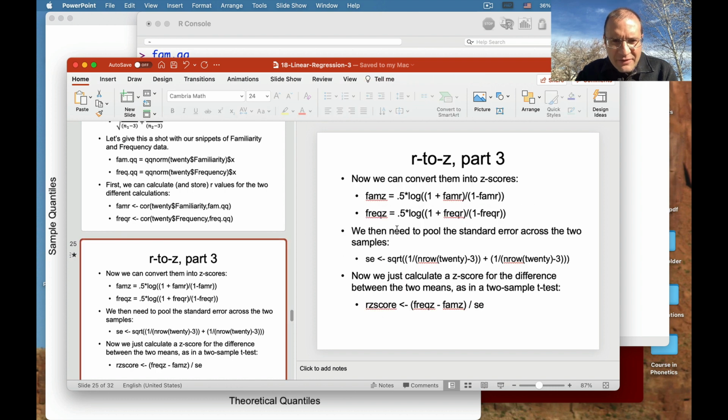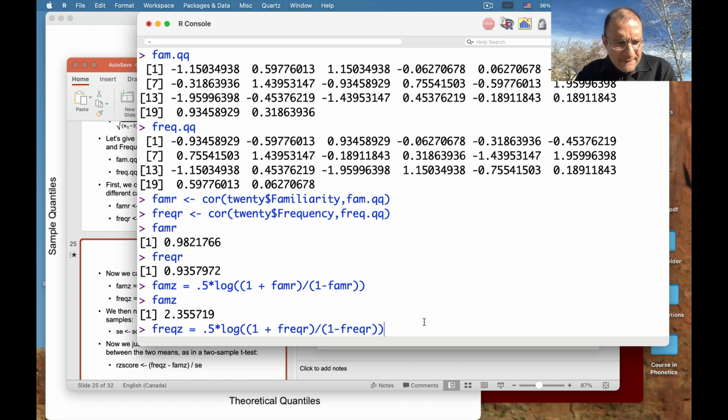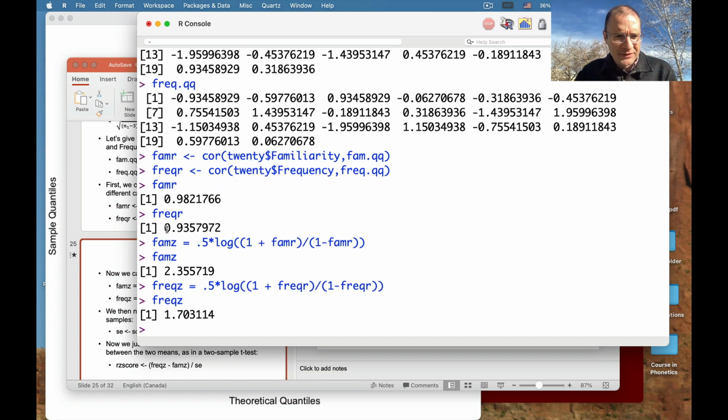Going back to the second half of that, we need to do the same thing for the frequency R value, like this, and we'd expect this one to be a little bit lower, right? Because our R value is lower, and in fact, we do get a z value of 1.7. This is kind of like we're taking two samples of R and trying to test if we can legitimately say that they both fall on the same underlying population of R values from whatever data we're trying to correlate with each other.